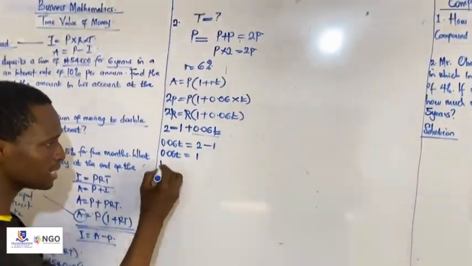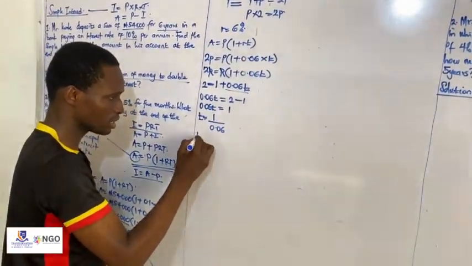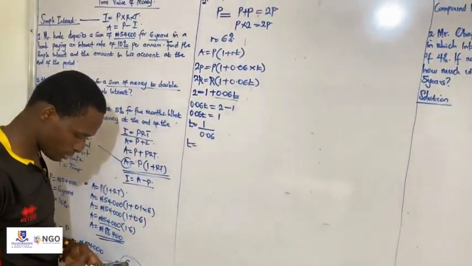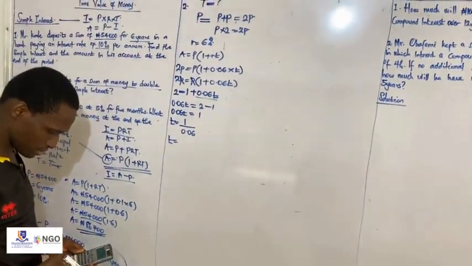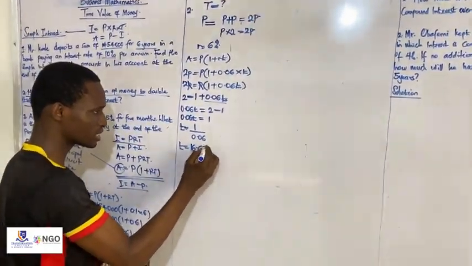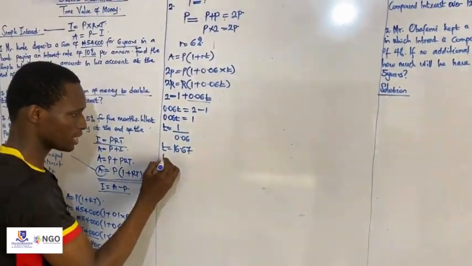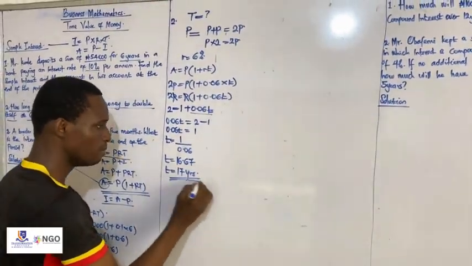T. So my T will be 1 divided by 0.06. 1 divided by 0.06 will give us 16.67. Then approximately it will give us 17 years.